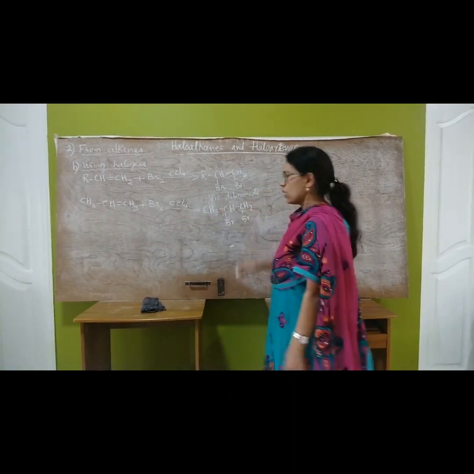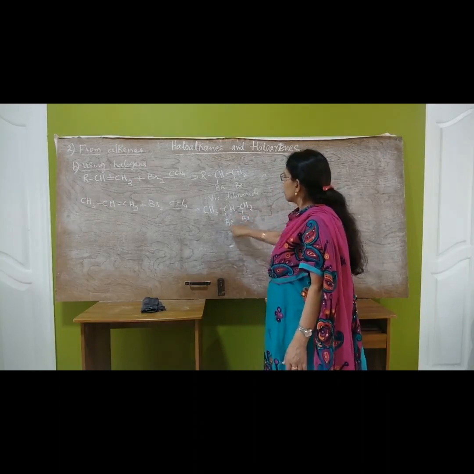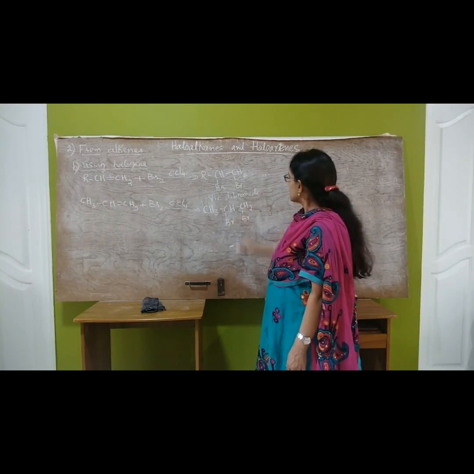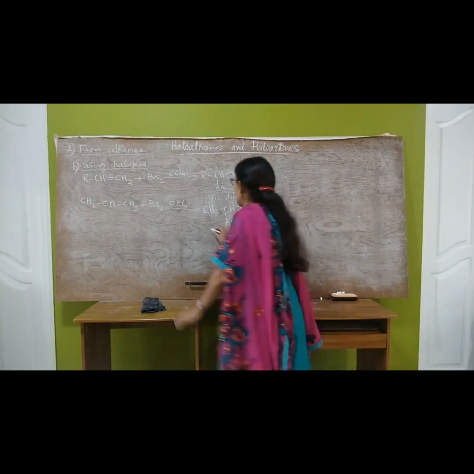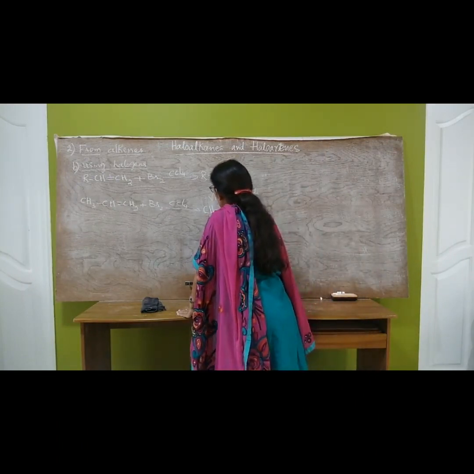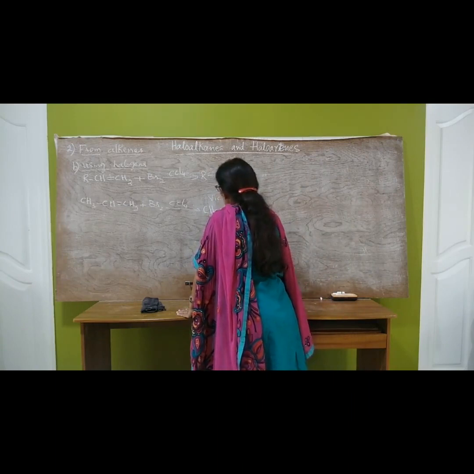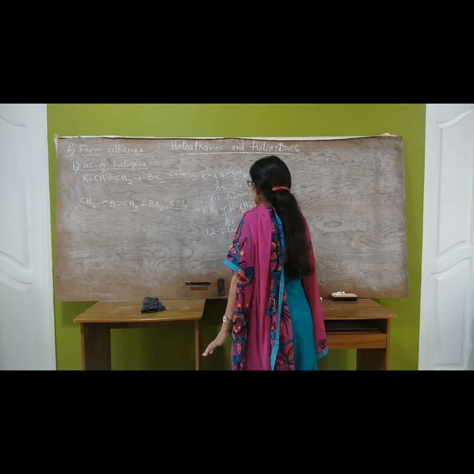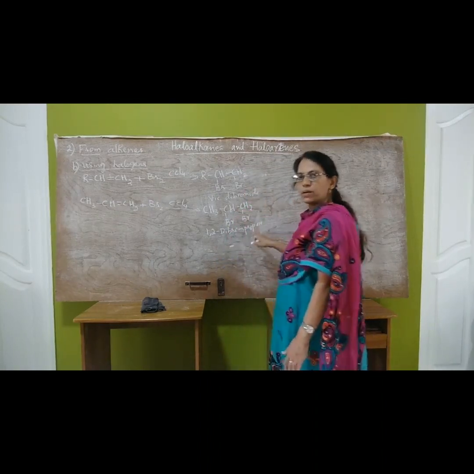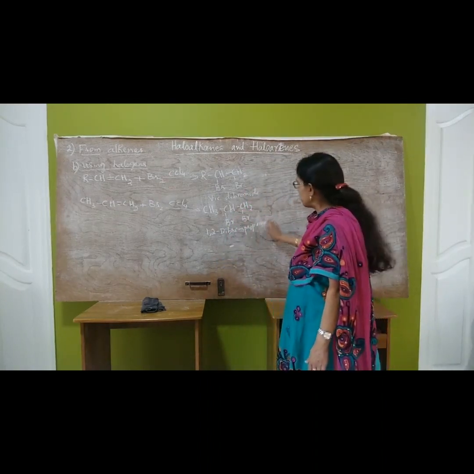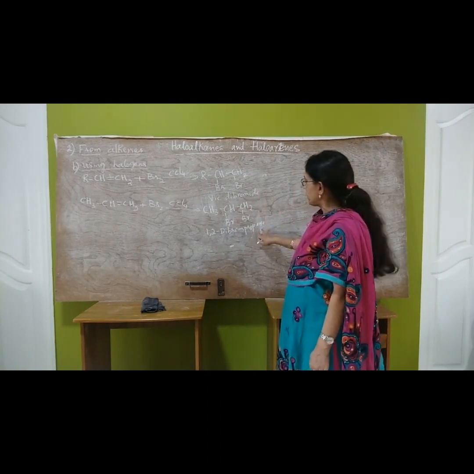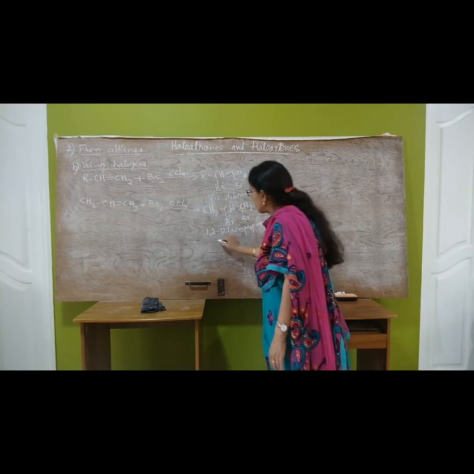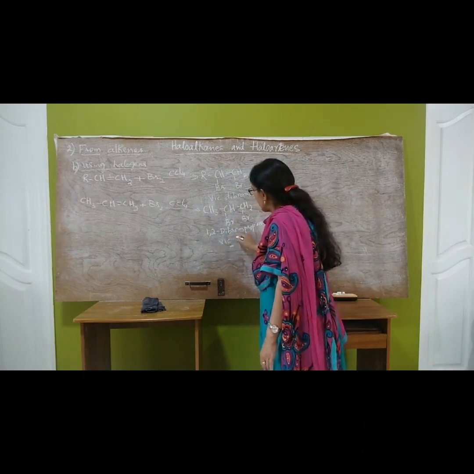That is 1,2-dibromopropane, a dihaloalkane, is formed. So this is a vicinal dihalide.